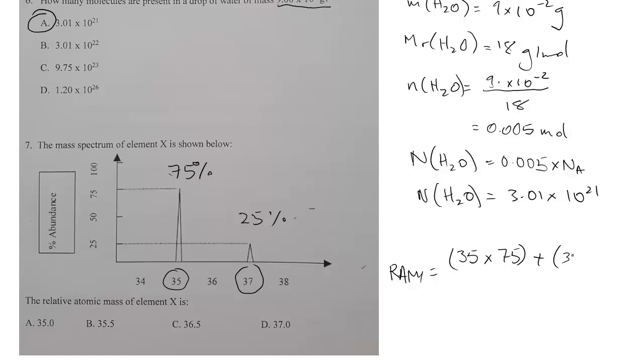So 37 times by 25, divide it all by 100, and when you work that out you get 35.5, which is answer B. 35.5. Alright, let's have a look at the next page.